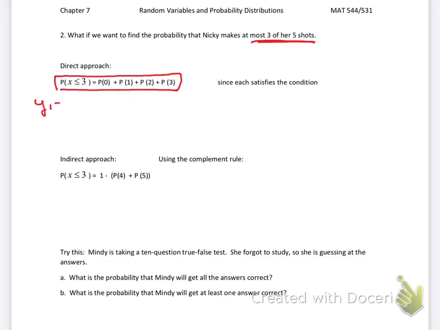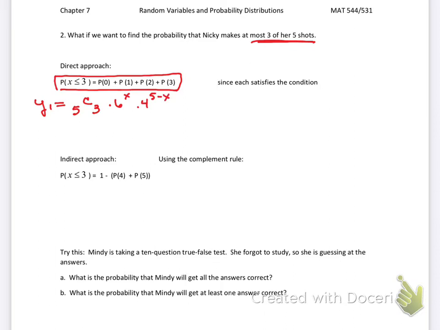So y1 is going to equal 5 C x, and then 0.6 to the x and 0.4 to the 5 minus x. That goes in your equation editor.